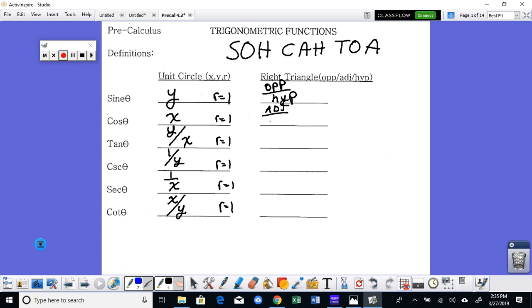Please don't go away. Thank you. All right. Tangent is y over x. Remember our ordered pairs are cosine, sine, so y over x would be opposite over adjacent.